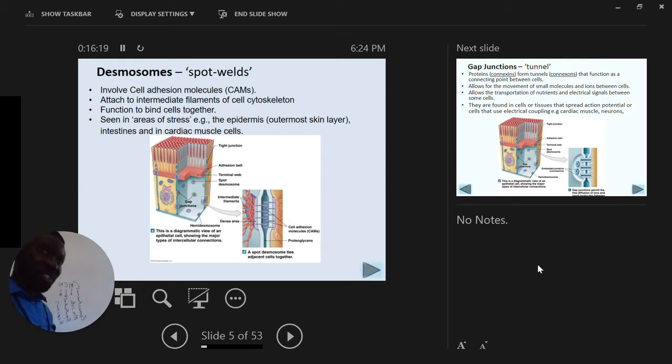Your bone bears stress, it bears body weight, but that is different from your cardiac muscle working all the time. So they're not like in your ligaments and bones. When you look at your skin, we are talking about areas exposed to stress, where something is going on every time. Okay. All right.